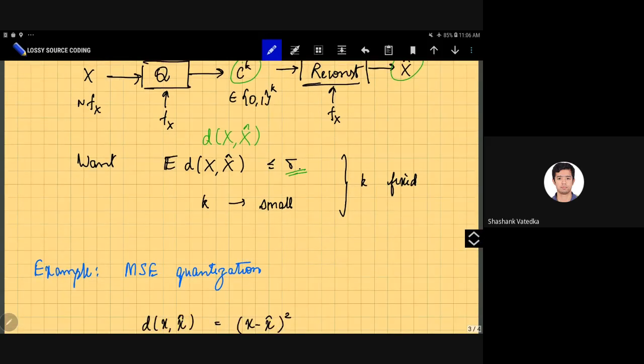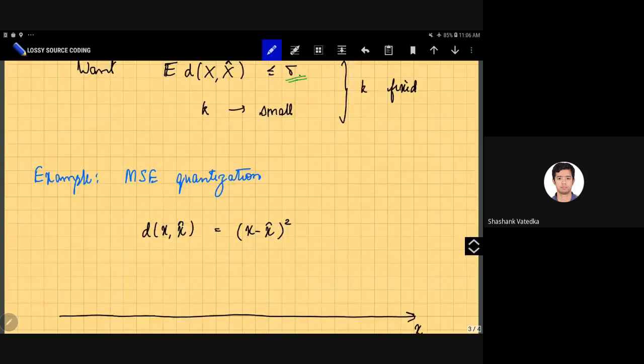Okay. So to understand this better, we will explore one particular distortion measure in as much detail as possible. So let us take the case of mean squared error quantization, which is used in many applications, including communications and image compression and so on. So the problem is that of mean squared error quantization. We're given an x, which is a real number. So it's any number between minus infinity and plus infinity, and our goal is to design a quantizer for this.